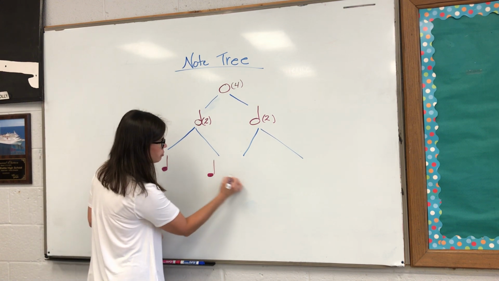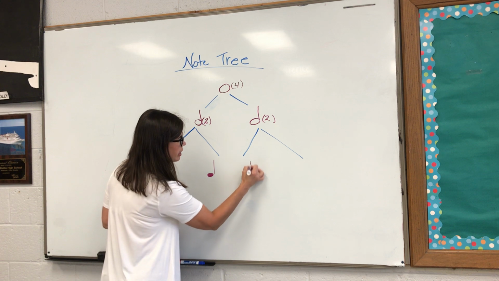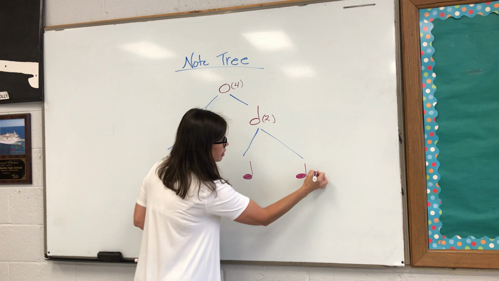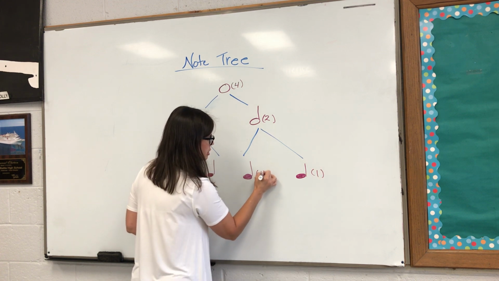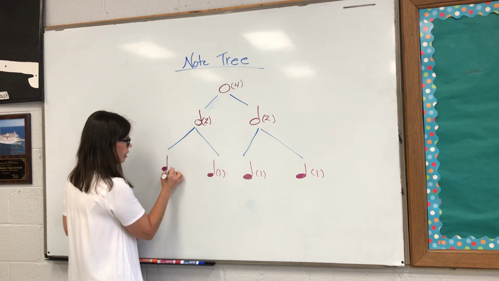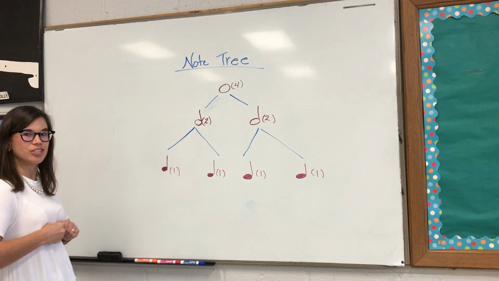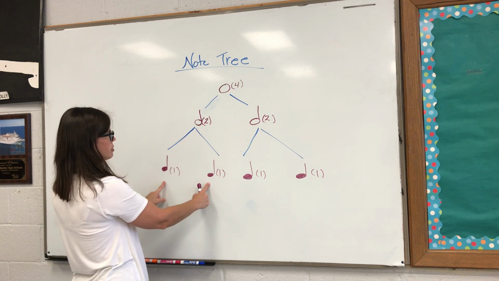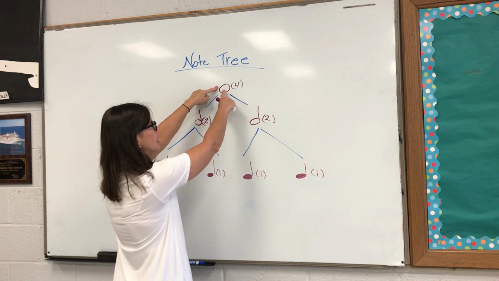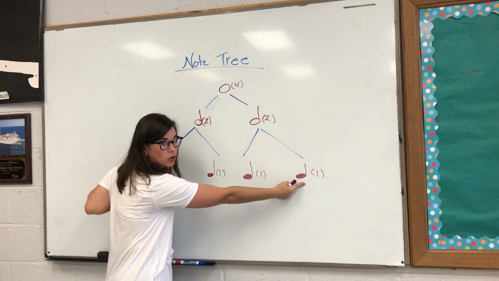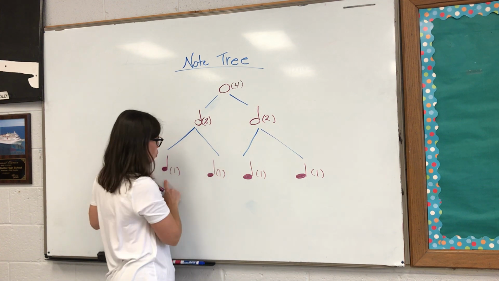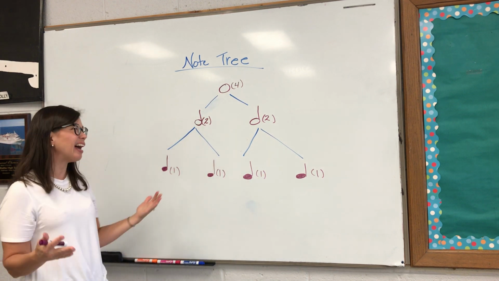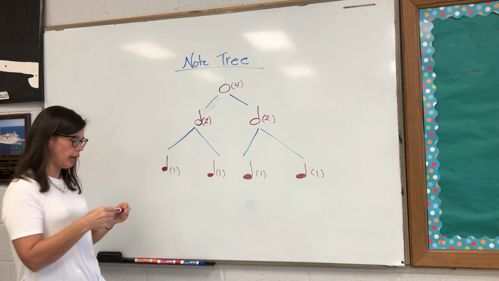So each half note can be divided into 2 notes, and those are our quarter notes. And each quarter note, I'm writing it in parentheses, gets 1 beat. Now, let's take a look at how these relate. Each half note can be divided into 2 quarter notes, but then we can also look at the whole note. It can be divided into how many quarter notes? 4. 1, 2, 3, 4. 4 quarter notes are the same value as a whole note.